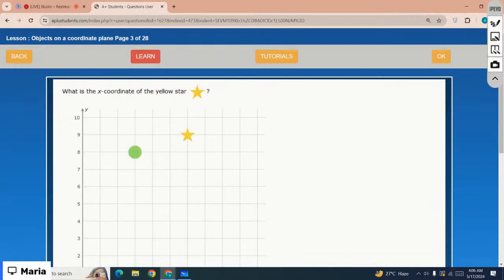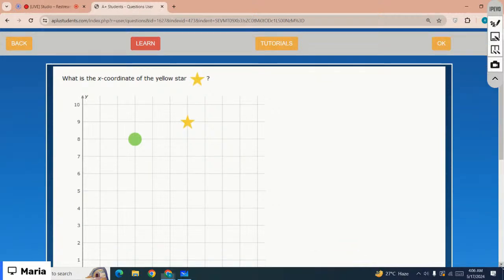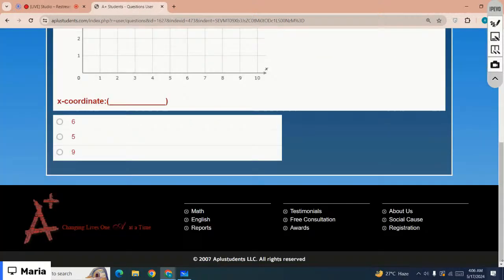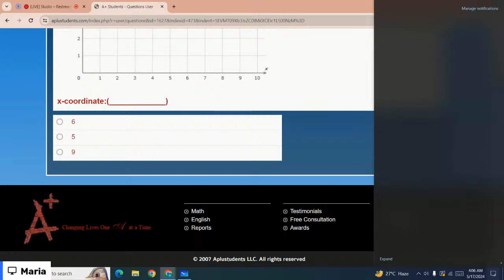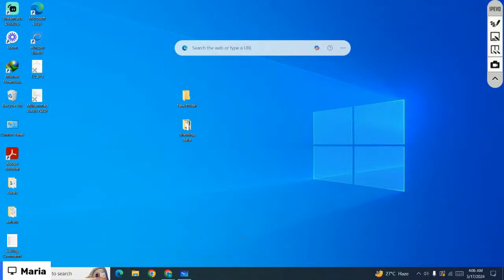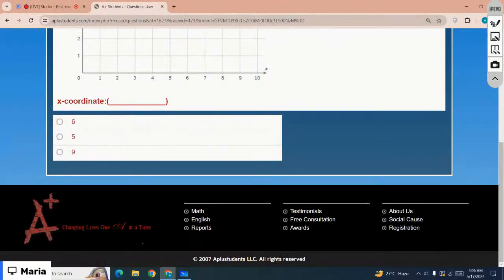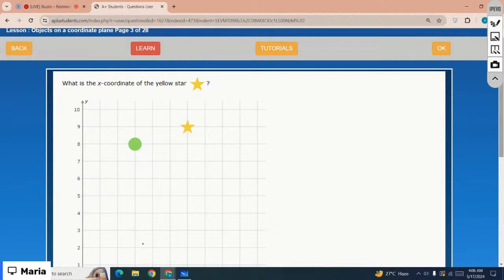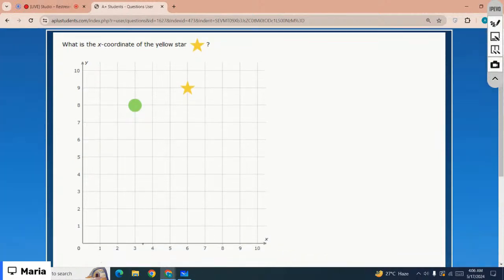What is the x coordinate of the yellow star? Okay, so here is yellow star. Match this yellow star to the x coordinate, that is 6.